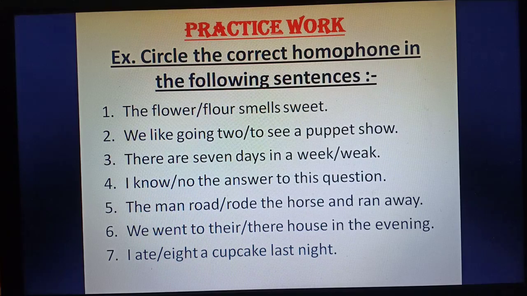Number 5: the man rode, ROAD, rode, or RODE, rode, the horse and ran away. Number 6: we went to THEIR, there, or THERE, their house, in the evening. Number 7: I ate, ATE, or EIGHT, ate a cupcake last night.